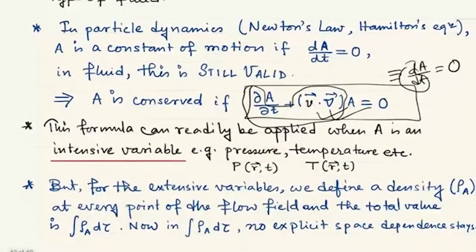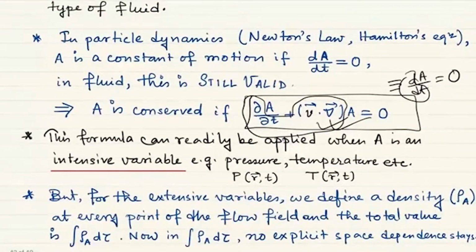Now coming back to our original discussion. If we are talking about an intensive variable, let's say pressure or temperature, and we say that it is constant, for example pressure is constant, then d/dt of P, the Lagrangian derivative of P, is equal to 0, and from that, ∂P/∂t plus V dot ∇P is equal to 0.